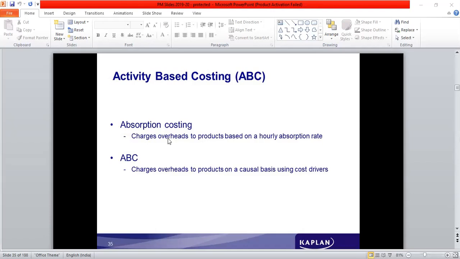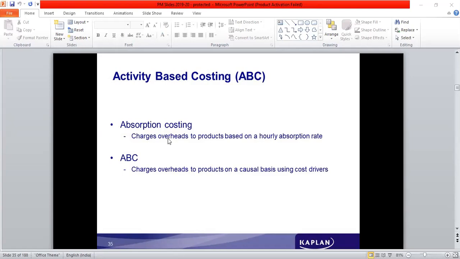The administration, selling and distribution costs are calculated based on the works cost. So they are also not accounted as they are incurred, but they are also charged based on some basis. In such a situation, because there is either under charging or overcharging of the overhead cost, there is a solution to that, which is activity based costing.